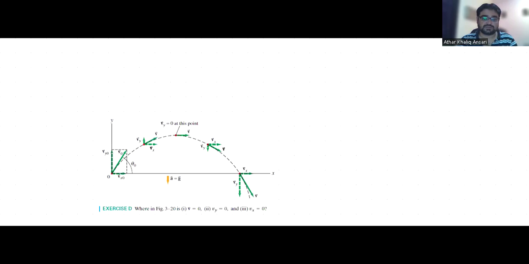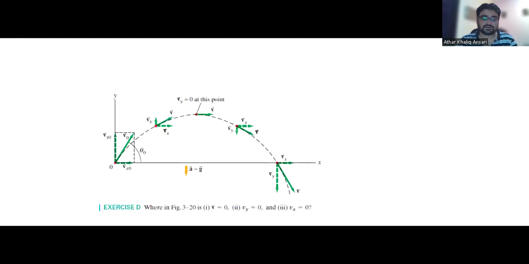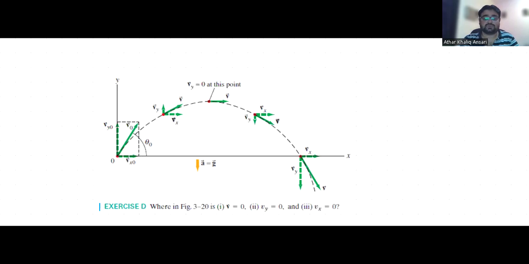So this is the question. Let me make it bigger. If you are able to view the question, you can see there is an object, a red dot, that is moving in projectile motion. The first part is asking where in this figure v is 0.